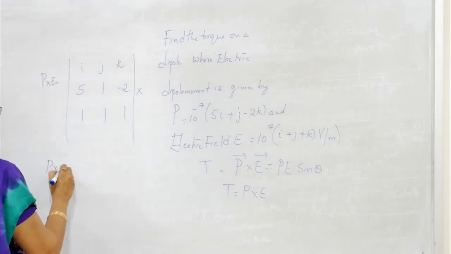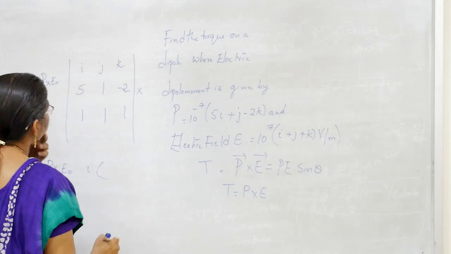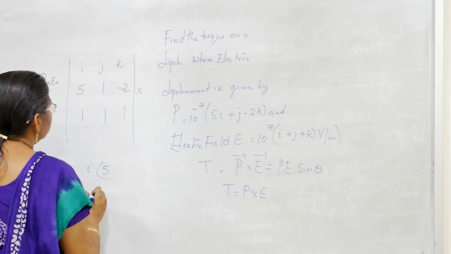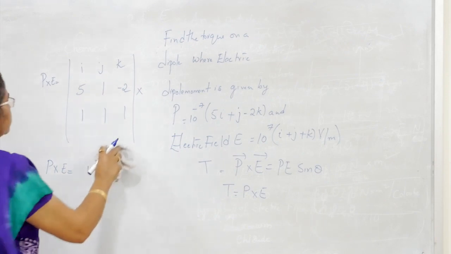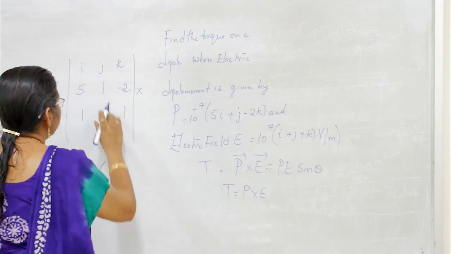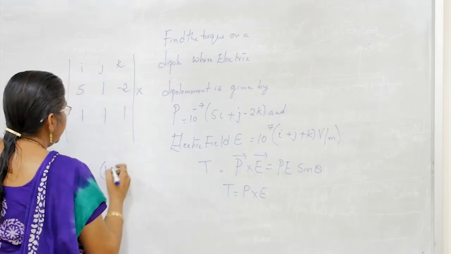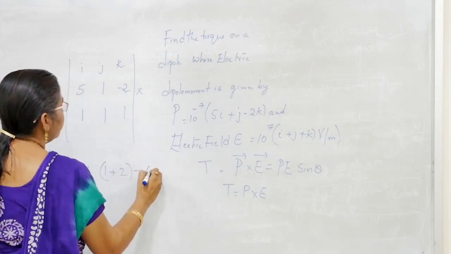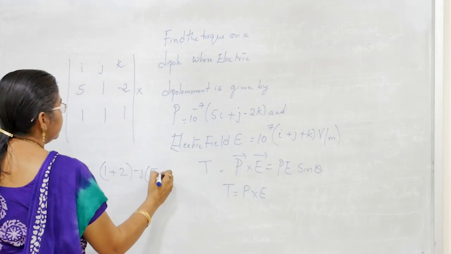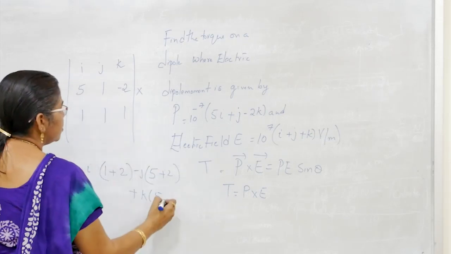So P cross E is equal to, you can take like this, i into 1 into 1, minus of 1 into minus 2, so when you cross multiply you get 1 plus 2, minus j into 5 into 1 minus of minus 2, this becomes plus 2, plus k into 5, and this becomes minus 1.